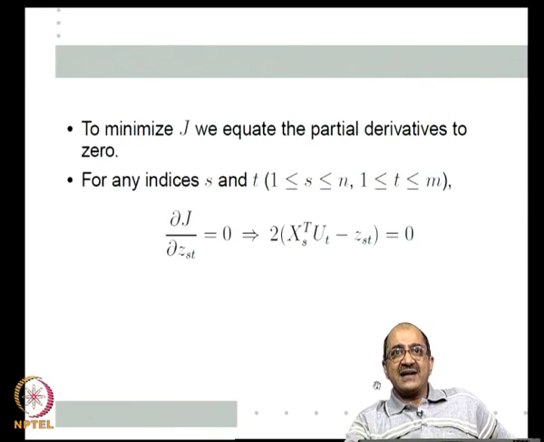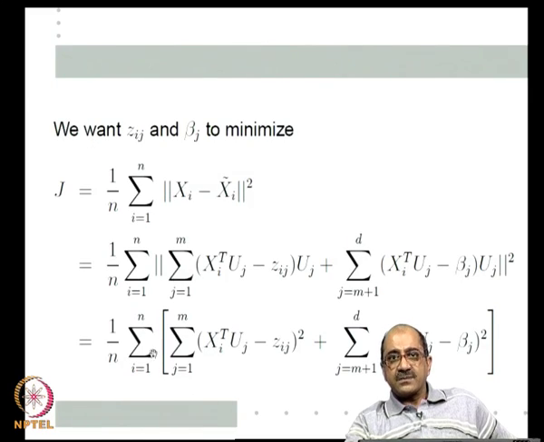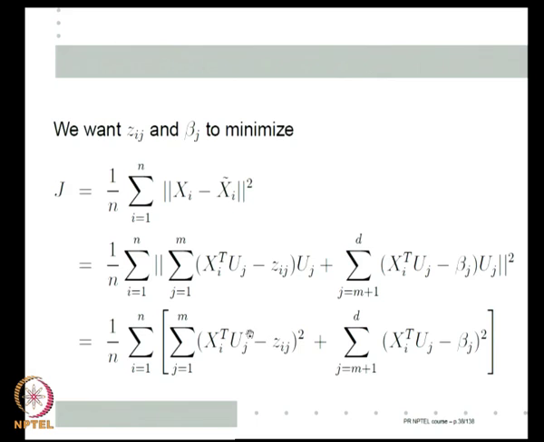If I take any indices s and t and I want the partial derivative with respect to zst, there is only one term in this entire expression that contains zst, that happens when i takes the value s and j takes the value t, and that term is nothing but xs transpose ut minus zst whole square.